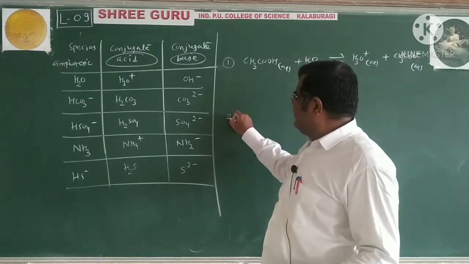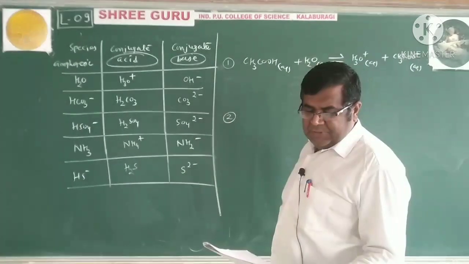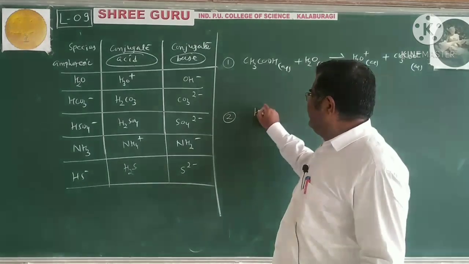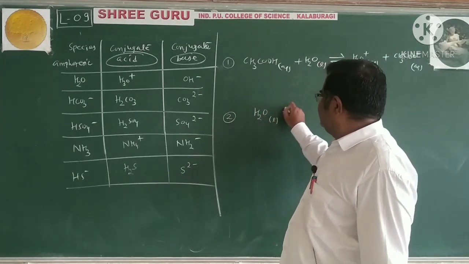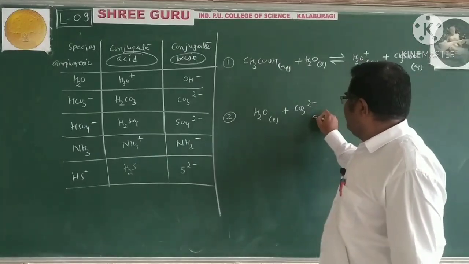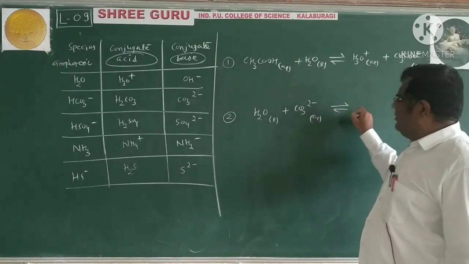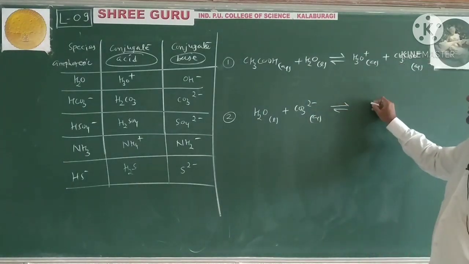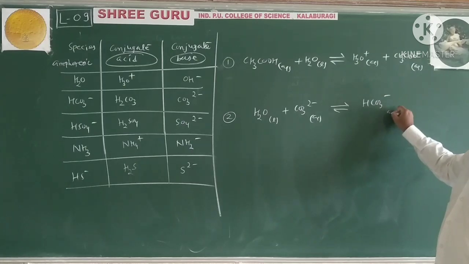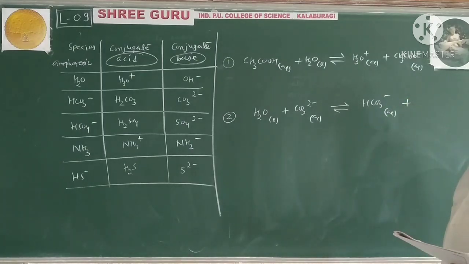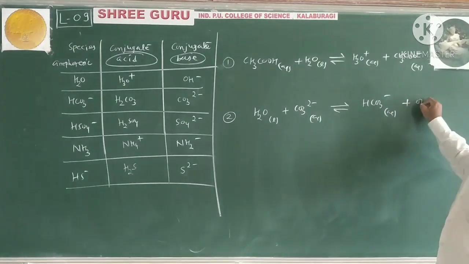Next is H2O plus CO3 2 negative, carbonate ion, gives hydrogen carbonate, or we call it bicarbonate, plus OH negative.